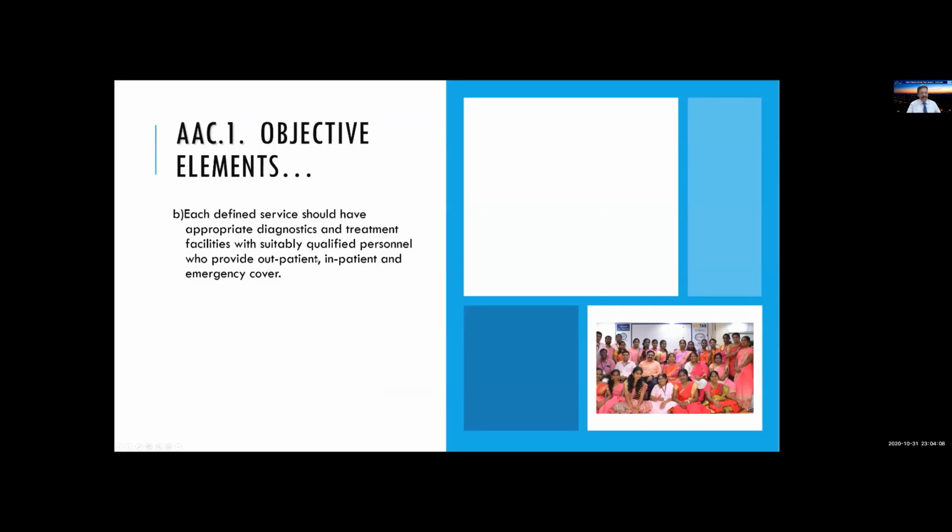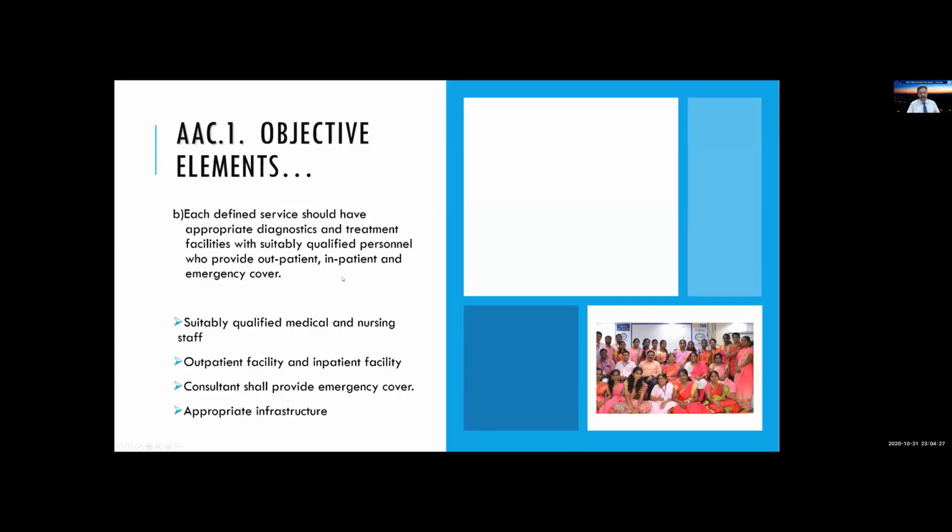The second objective element is about each defined service. This is where you have to write the scope of services clearly, because to have that particular scope of service, you need to have appropriate diagnostic and treatment facilities with suitably qualified personnel who can provide outpatient, inpatient, and emergency care.